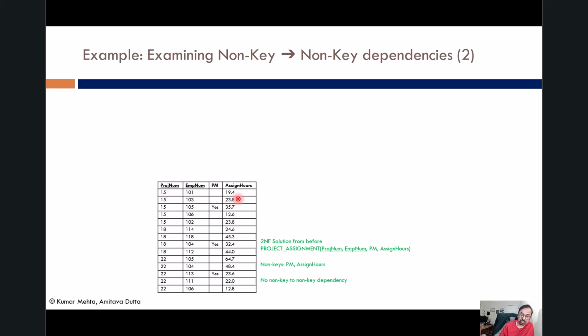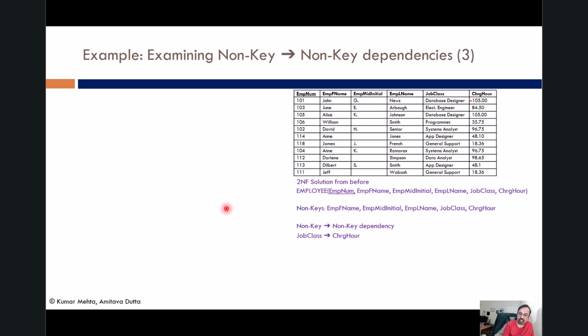This last column, assign hours, is also dependent on the full primary key. So there is no partial dependency. We know that this is already in second normal form. Is it also in third normal form? Yes, it is, because if I look at the two non-key attributes here, PM and assign hours, one does not determine the other. There is no functional dependency between non-key attributes in this table. Okay, so this table is also in third normal form.